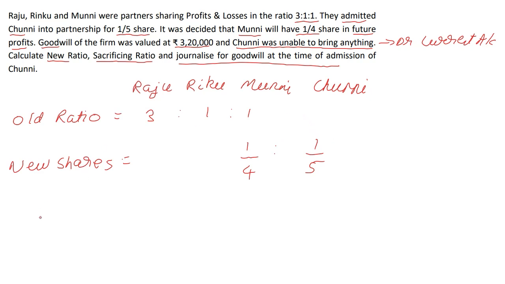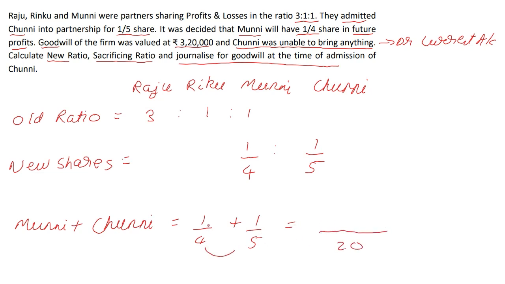Munni plus Chunni is going to be equal to 1/4 plus 1/5, and now we rationalize the denominator. So 4 into 5 gives us 20, and in the numerator it will be 5 plus 4. 5 plus 4 gives us 9/20.